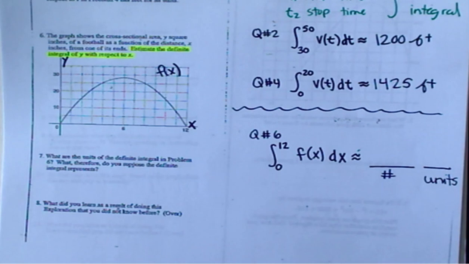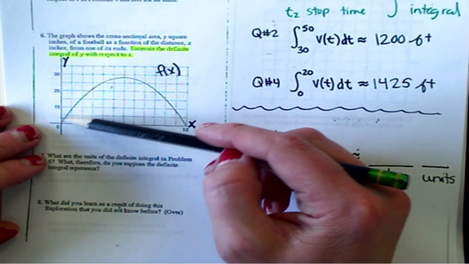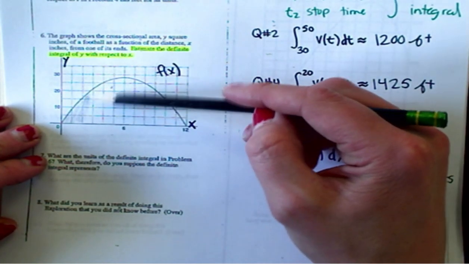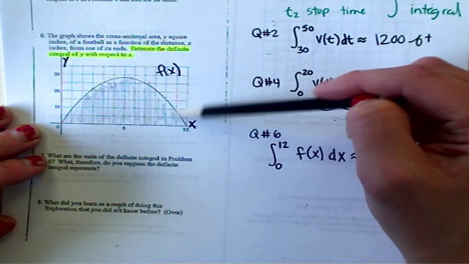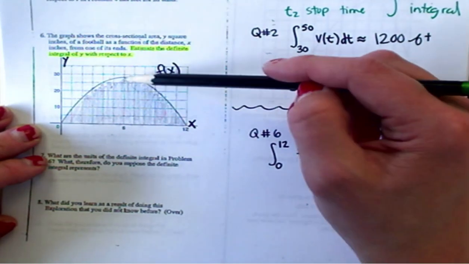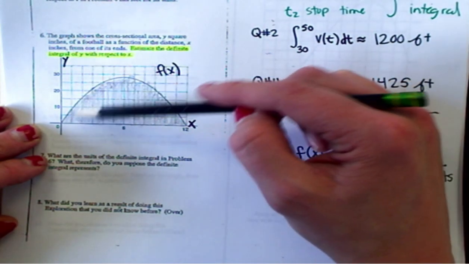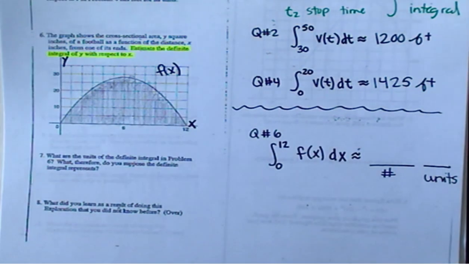The integral tells you to start adding at 0 and stop adding at 12. I'm going to shade. That's the area that the definite integral represents.